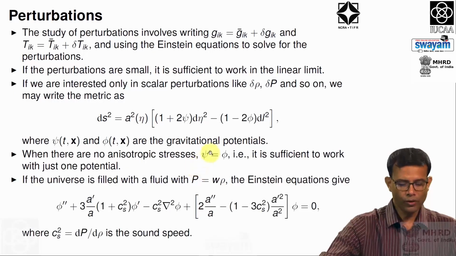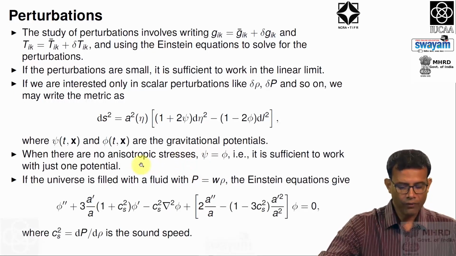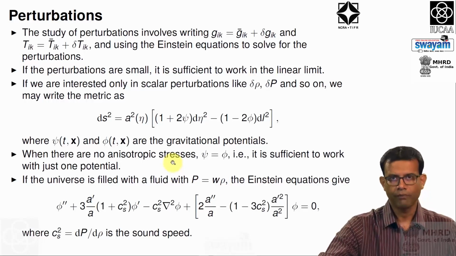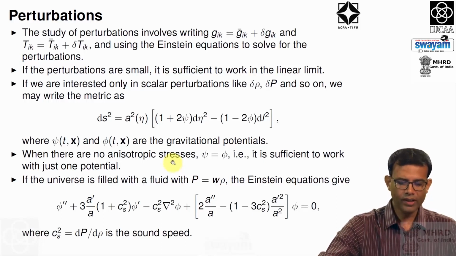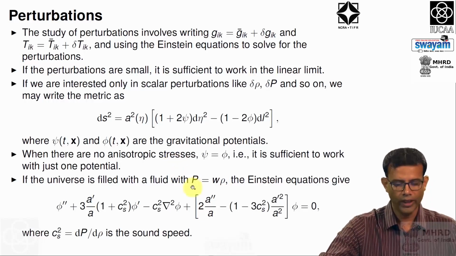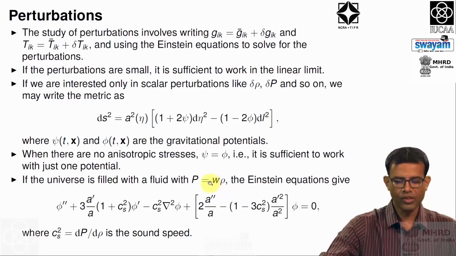Now, suppose we take a model where the universe is filled with just one fluid, or in other words, the energy density is dominated by just one kind of fluid, which has an equation of state P equal to w rho.